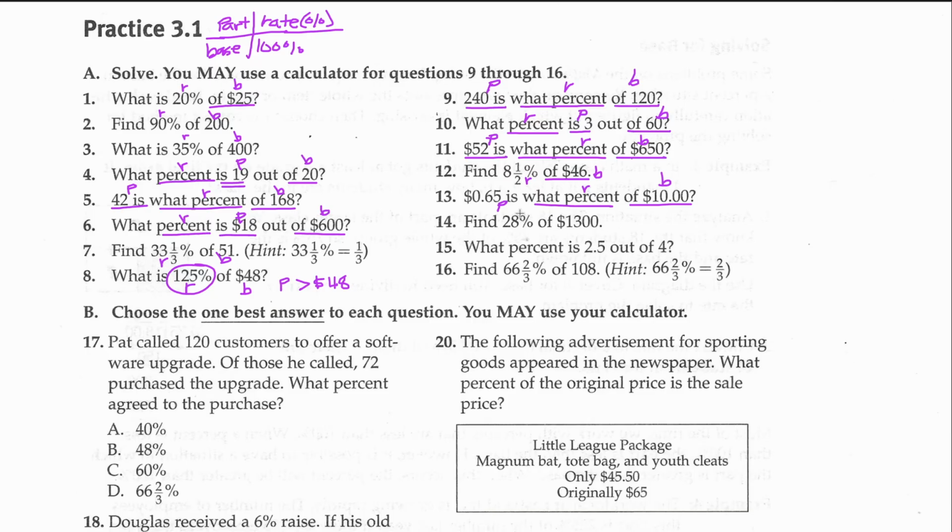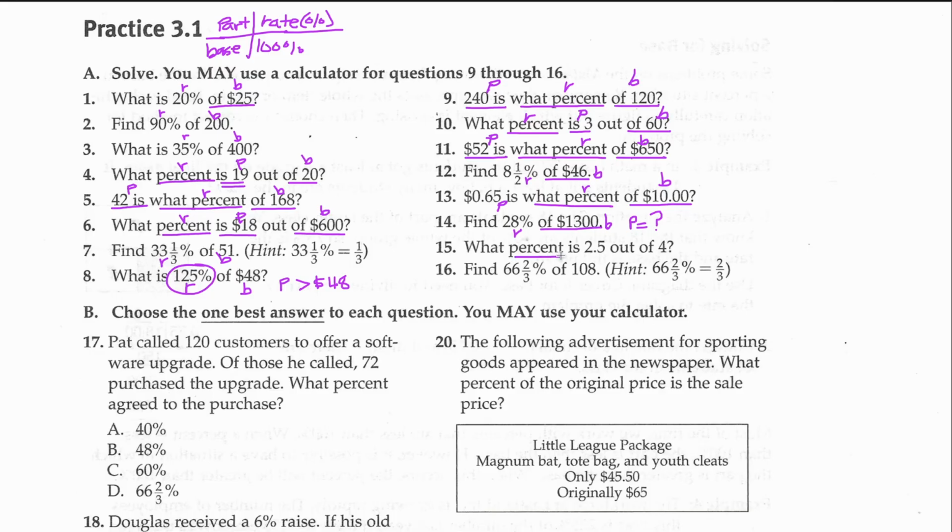Number 14, 28% is the rate, of 1,300. That's the base. So we're looking for the part, and you may put a question mark here. For number 15, what percent?